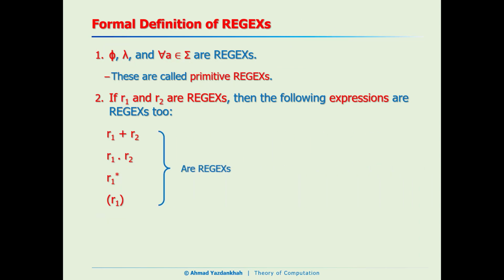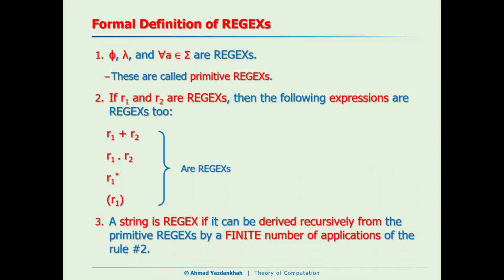And the third rule is, if I give you a string and ask you whether this string is a valid regex or not, if we can derive it recursively from the primitive regexes by a finite number of applications of these rules, then we say yes, that string is a regex.